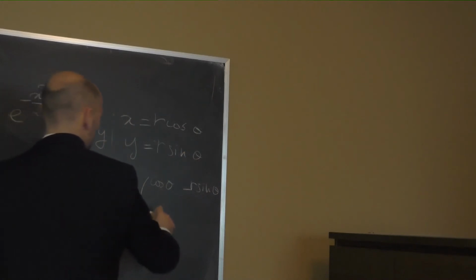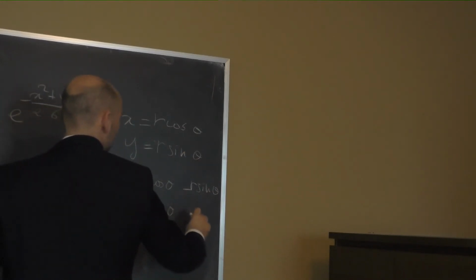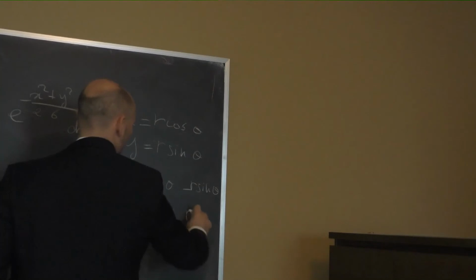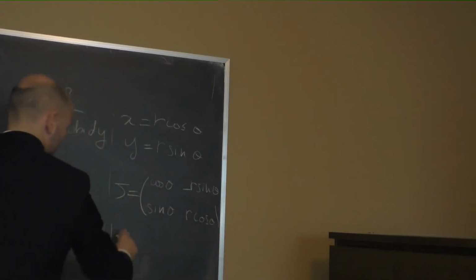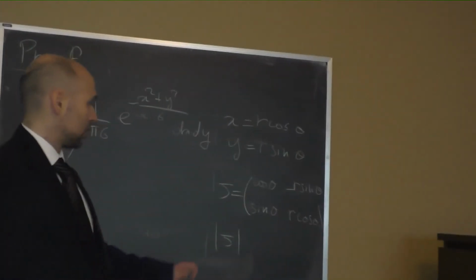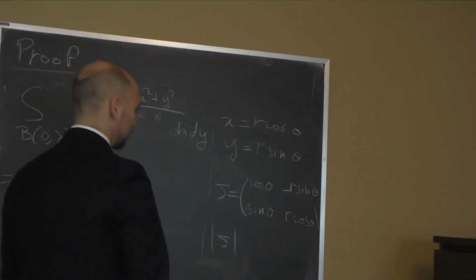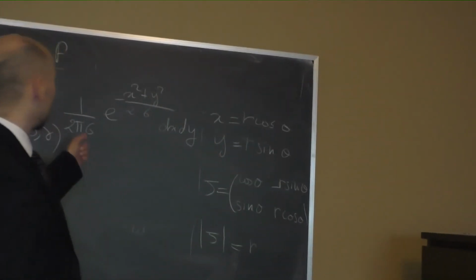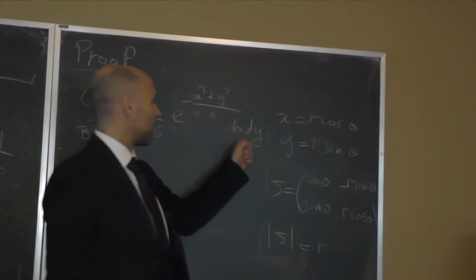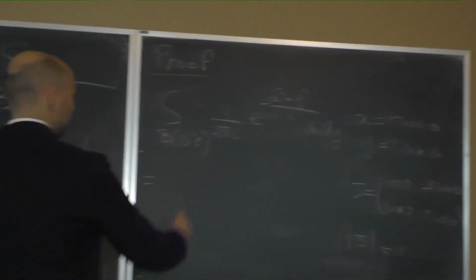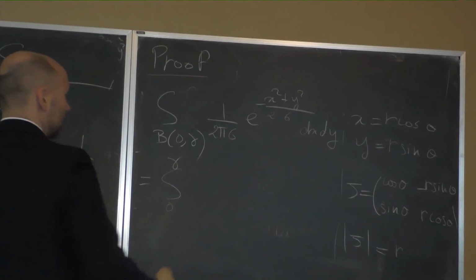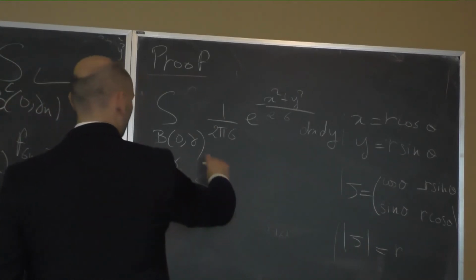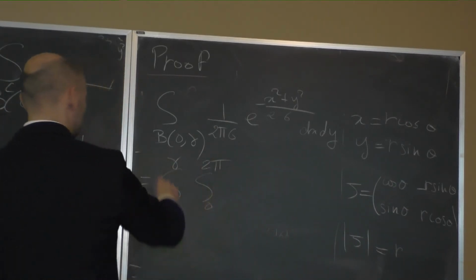Then sine theta and r cos theta. And then if I look at this quantity, it's just r. So now, when I apply this change of variables, I get that. It's the integral between 0 and gamma of the integral between 0 and 2 pi.